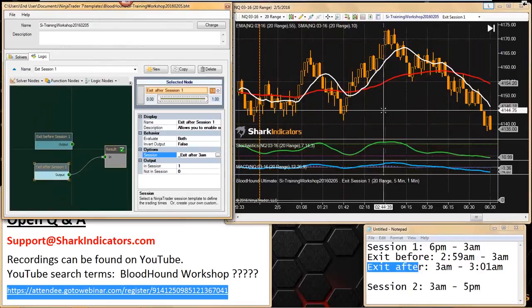And wow, this 20 range bar took 20 minutes to build. It's pretty long.